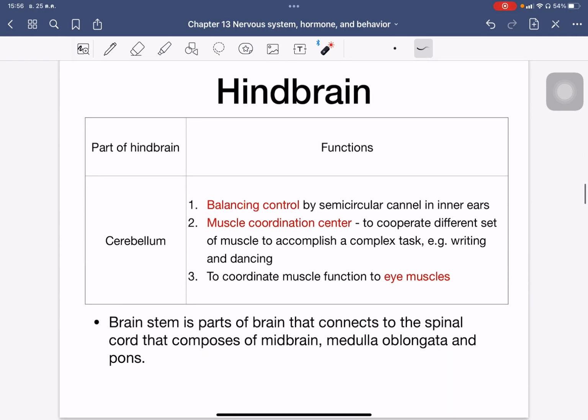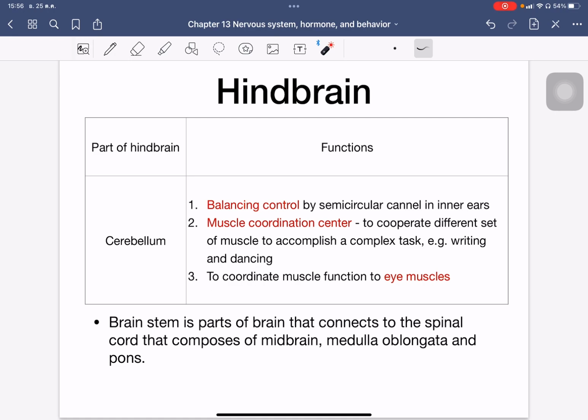And the cerebellum takes control of the semicircular canals in the ear and coordinates the muscle center. This function does not control one specific muscle, but links the function of different types of muscle together to perform one specific function.